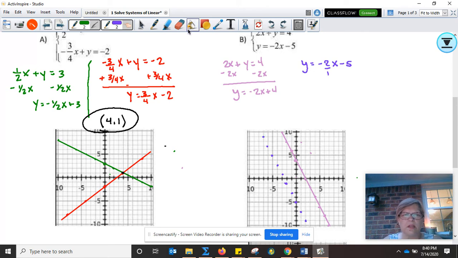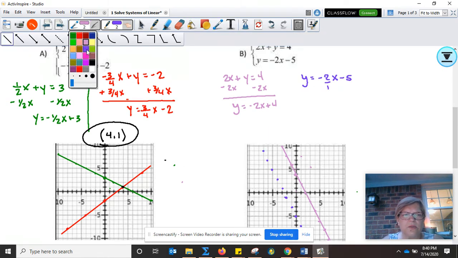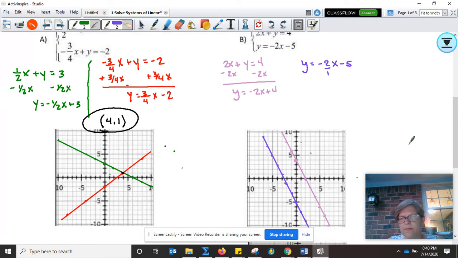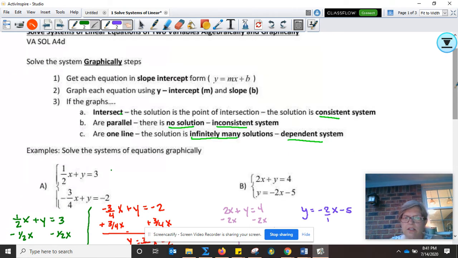All right. So, looking at those two lines, what can you tell me is going on? Do you notice anything? Okay, those lines are parallel. So what does it mean for the lines to be parallel? If you can't remember, refer back. Let's go up here. Parallel lines, no solution, they're inconsistent.